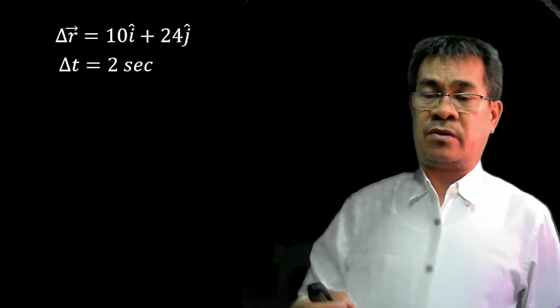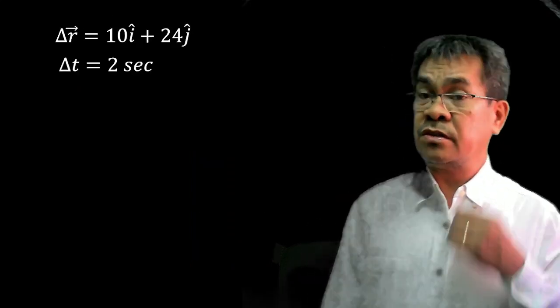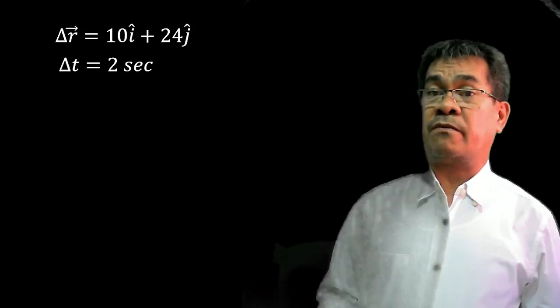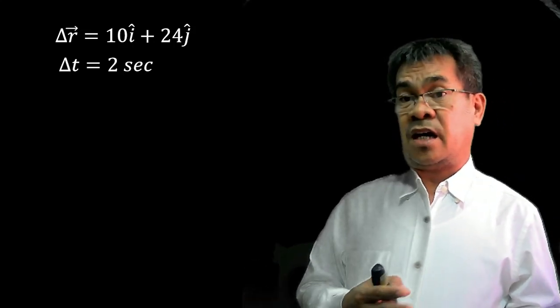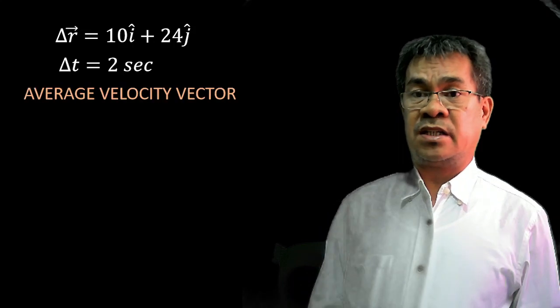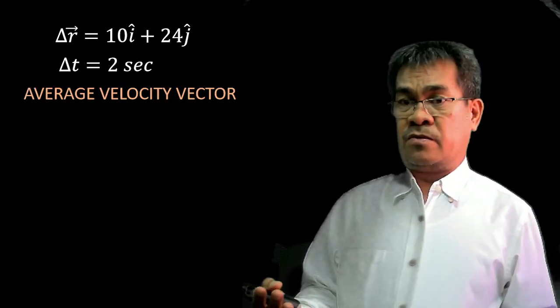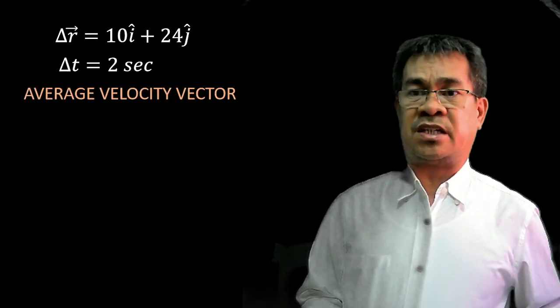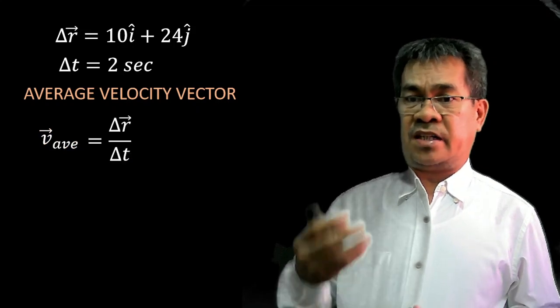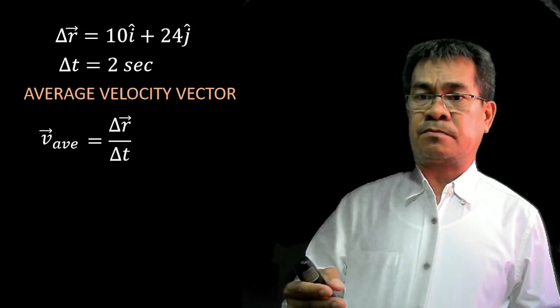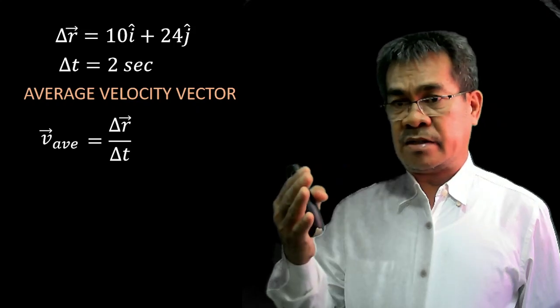Now, since we already have the change in position, or the displacement of the particle from initial towards the final, and we have the time interval of 2 seconds, we can now compute the average velocity by dividing the change in position, or the displacement, by the time interval.